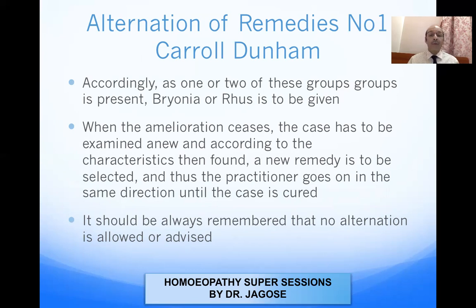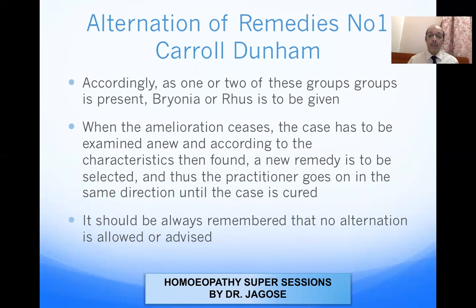So after giving the remedy, when the amelioration doesn't take place, or it takes place and has ceased, and there's no further amelioration occurring, then you again have to examine the case as a fresh case and see what symptoms are there which are characteristic in nature, and what new remedy could be found with these characteristic symptoms. So in this manner, you go on treating the case until the case is completely cured.